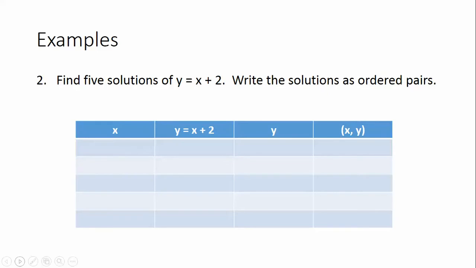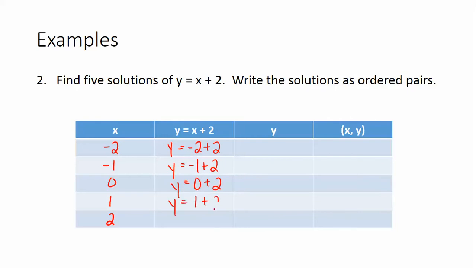Alright, let's try another example. Find 5 solutions. Now we have a new equation, y equals x plus 2, and write them as ordered pairs. Again, we're going to use -2, -1, 0, 1, and 2. So y equals -2 plus 2, y equals -1 plus 2, 0 plus 2, 1 plus 2, and 2 plus 2.